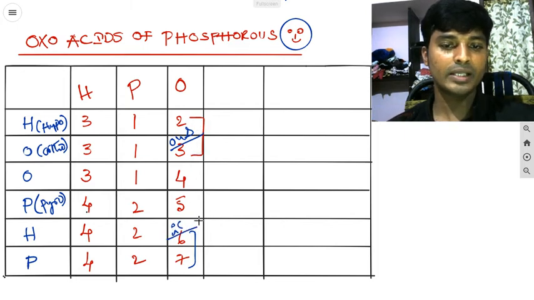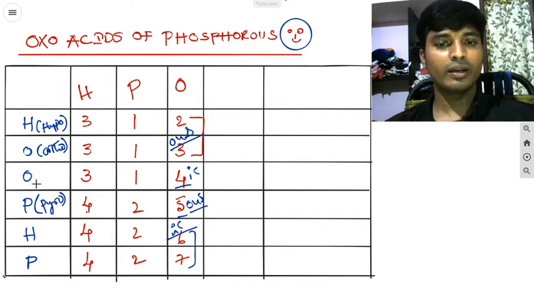First two OUS and last two IC in the name. So to complete this row: oxygen 2, 3, 4, 5, 6, 7, phosphorus 1, 1, 1, first three are 1 and last three are 2, 2, 2. For hydrogen, first three are 3 and last three are 4, 4, 4. And HOOP HP, HOOP HP. If you can remember these things, you can write the formulas.